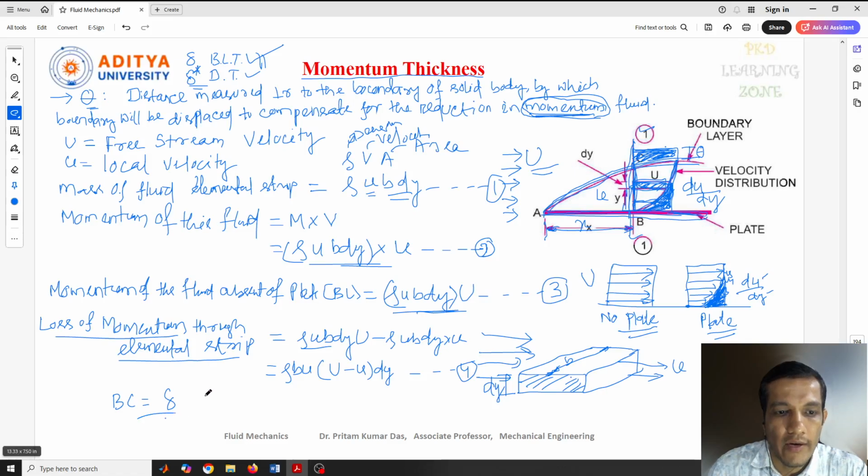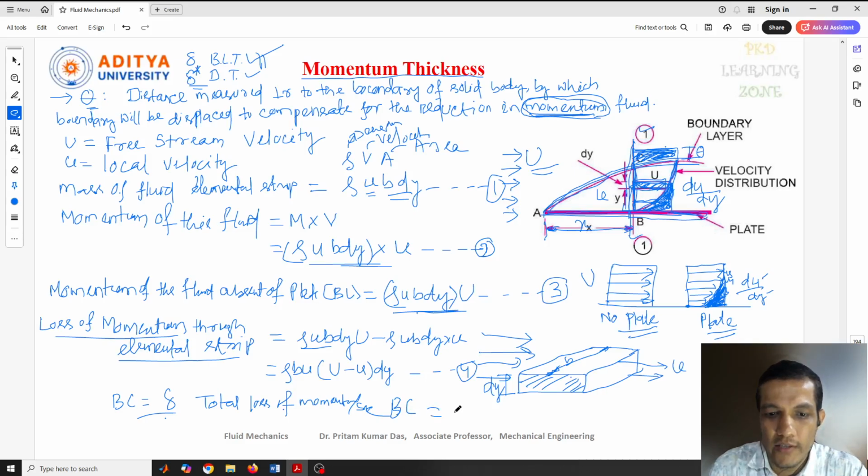Now we need to find the total loss of momentum per second through BC. We integrate this equation with respect to y from 0 to delta, because at point B the velocity value is 0, and at the height above, some velocity u is there. At the solid starting point, velocity and distance are both 0, and the height is delta.